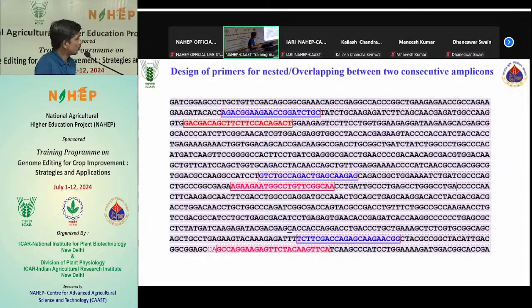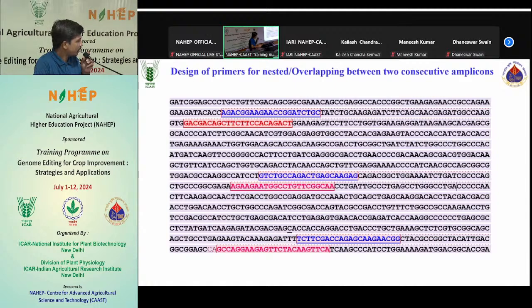As I told, for example, this is my forward primer, and the red one is the reverse primer. This is just an example of how I made the overlapping. Between one amplicon and another amplicon, the overlapping distance you have to count from here to here.